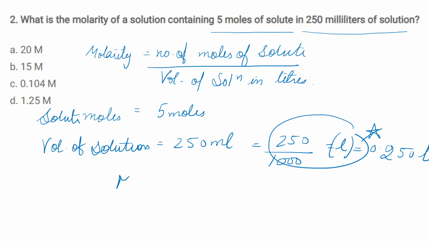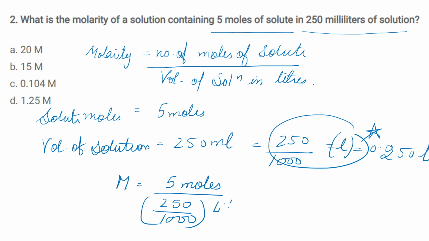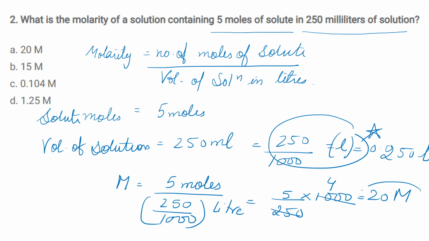So let us put the values: 5 moles of solute divided by 250 by 1000 volume in liters. Rearranging and solving the equation, 1000 divided by 250 gives 4, so the value is 20 molar or 20 moles per liter.